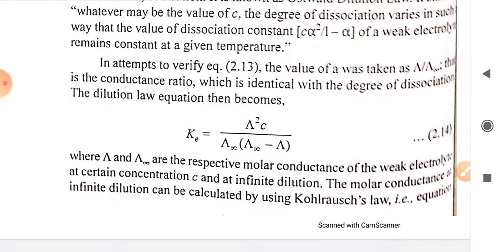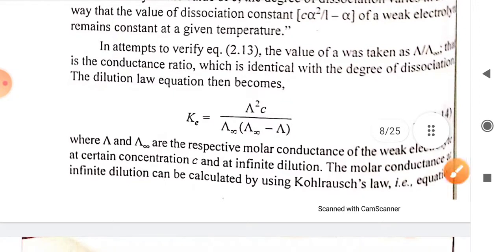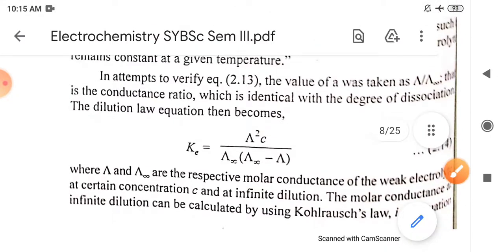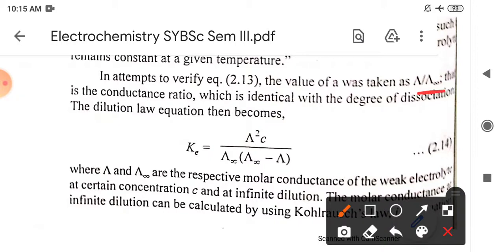To verify the above equation, we have already known the value of alpha is lambda m upon lambda m naught, the conductance ratio.